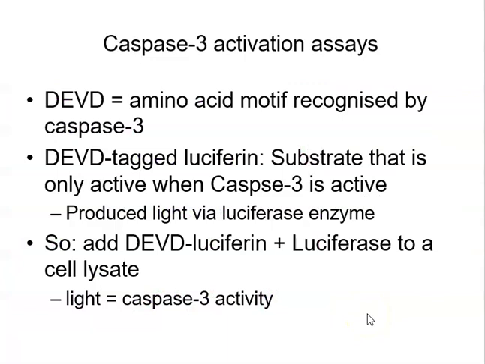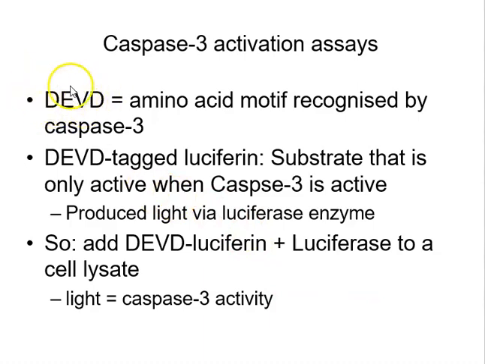Now the other thing you can do is exploit the fact that apoptotic cells express active caspase 3, and we do this by having substrates for caspase 3 which, when they are cleaved, release something that is either fluorescent or luminescent. So for two assays that I use, there is this short motif DEVD. That's the amino acid code D-E-V-D.